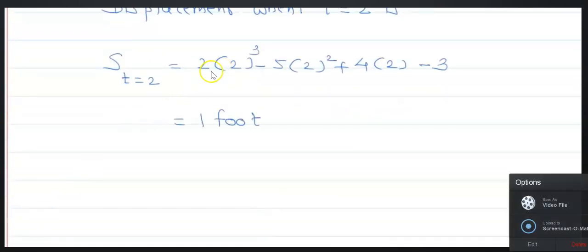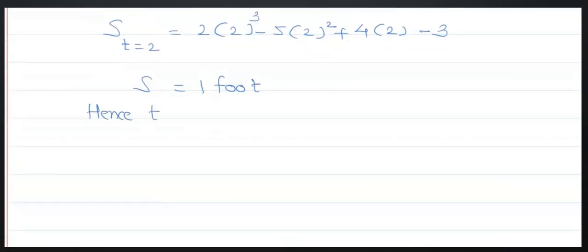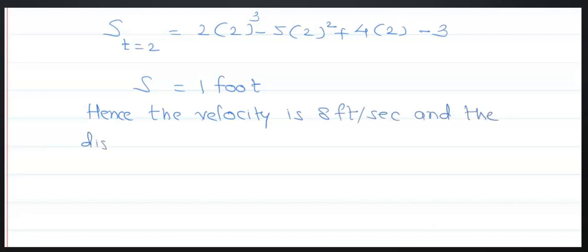That is 2t cube minus 5t square plus 4t minus 3, and you will get that is equals to 1 feet. Hence, the velocity is 8 feet per second and the displacement is 1 foot after the 2 seconds.